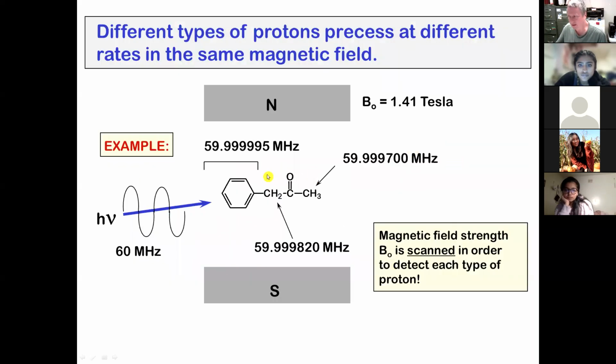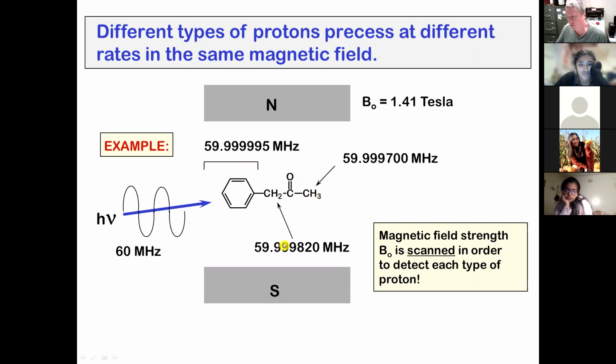If you do that, let's imagine this molecule. What functional group is this? It's a ketone, right? If you do this for this molecule, we have three different types of protons: the benzene, a CH2, and a CH3.